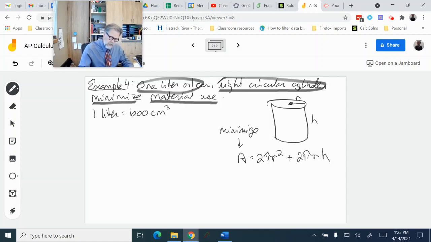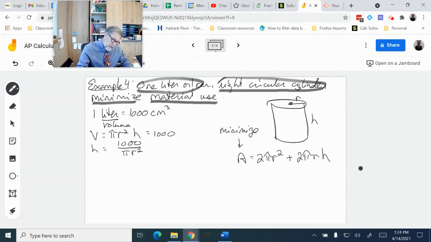Now, notice that I have 2 variables, r and h, which means I need another equation because I've got 2 things that can change here. Well, 1 liter is a volume, and I know that volume of a right circular cylinder is equal to the area of the base times the height, and in this case this is equal to 1,000, which means that h is equal to 1,000 over pi r squared.